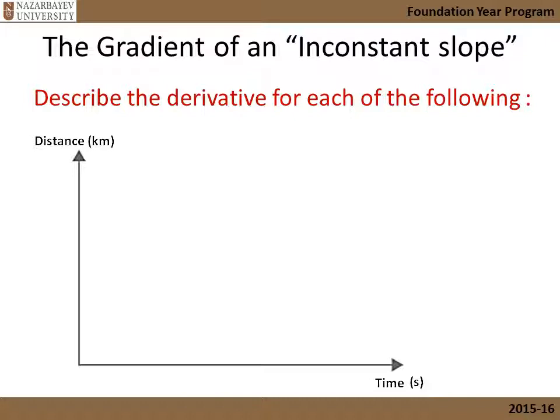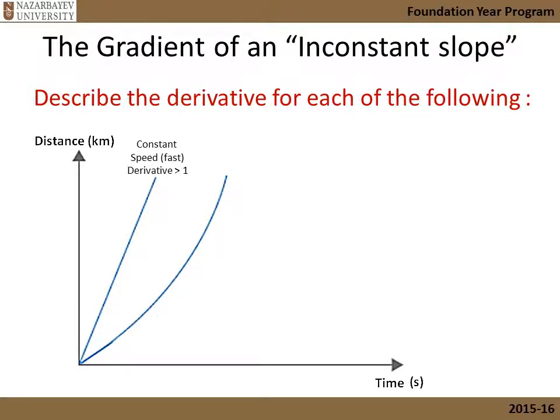If we continue to study the distance versus time, we can have several cases. For example, this case is already known. We said that we have constant speed and our derivative in this case is greater than 1. Also, we can have this function, and this means that we have accelerating speed and our derivative is a function of time.